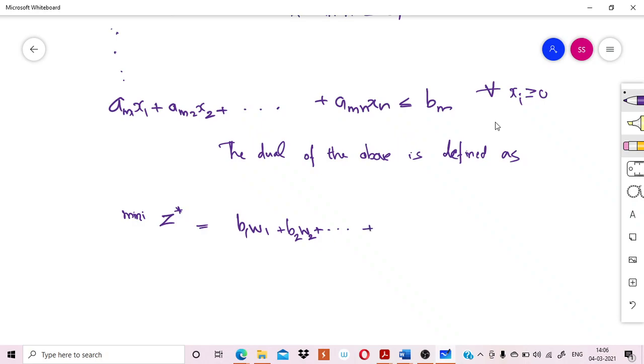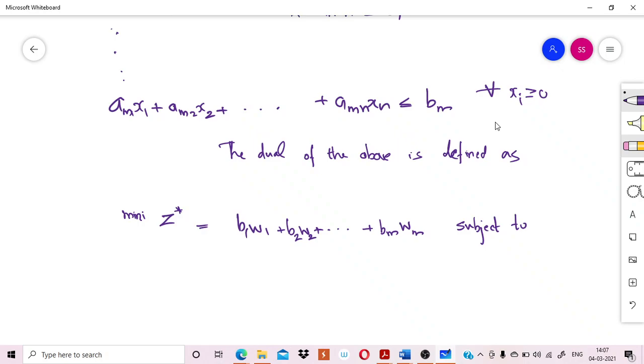Plus bm wm. Subject to the dual constraints, you again have the decision variables w1, w2, w3, etc., wm.